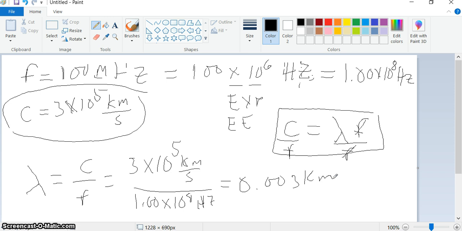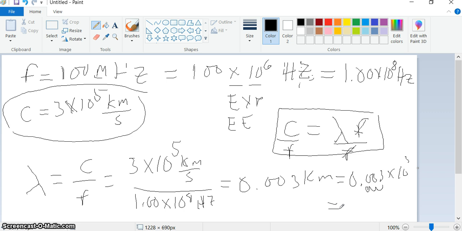And just to remind ourselves, remember, kilo means times 10 to the third. So look, I could actually change this, right? If I rewrote this, this would be 0.003 times 10 to the third, all right? And so times 10 to the third just means move the decimal place 1, 2, 3. So what does that mean?